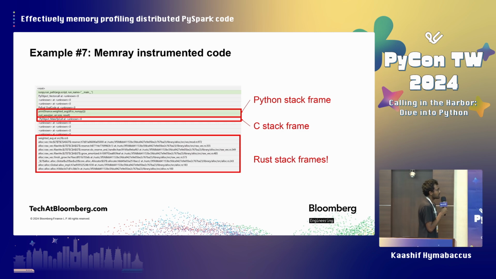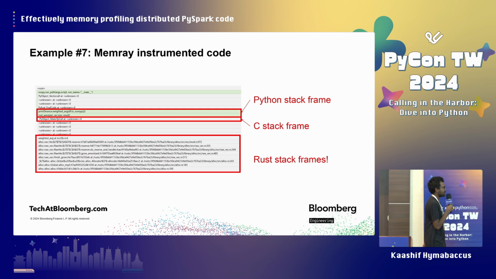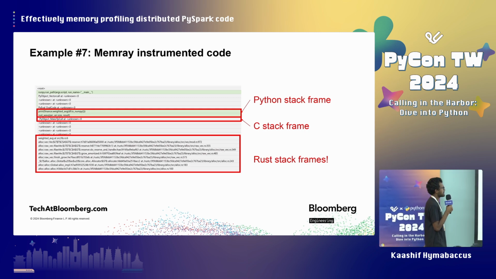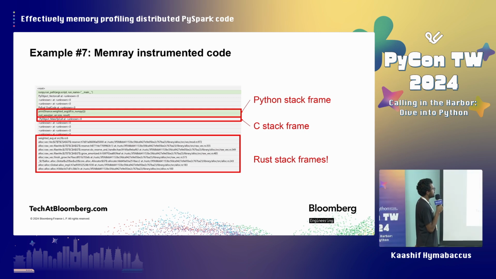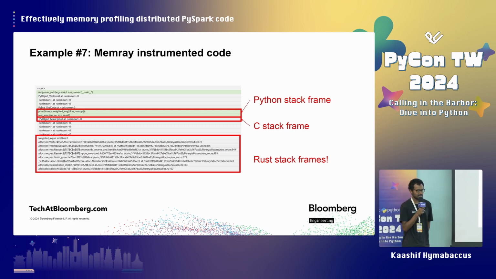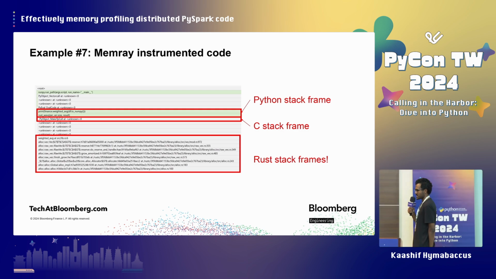So the green stack frames here are Python stack frames. So you get the print weighted average. You notice there are also C stack frames here, so you may recognize PyObject make TP call as something from CPython.